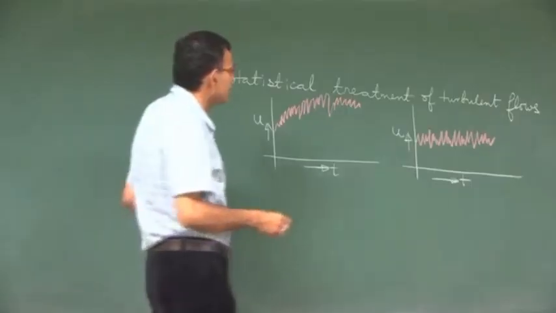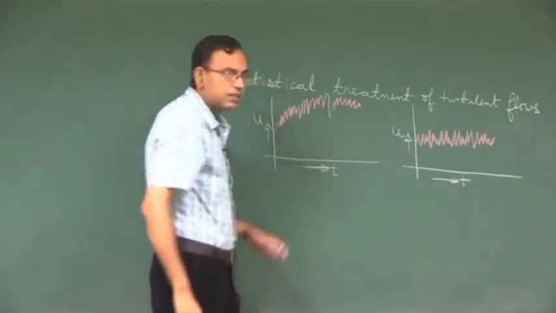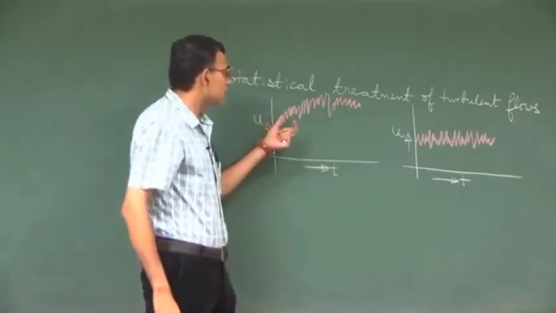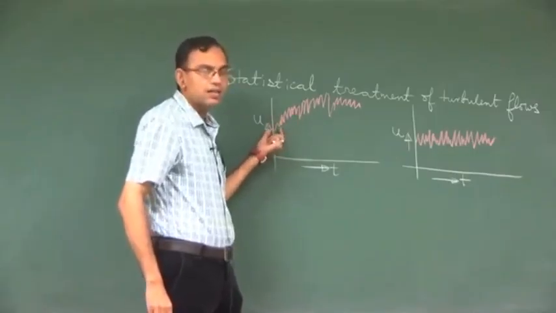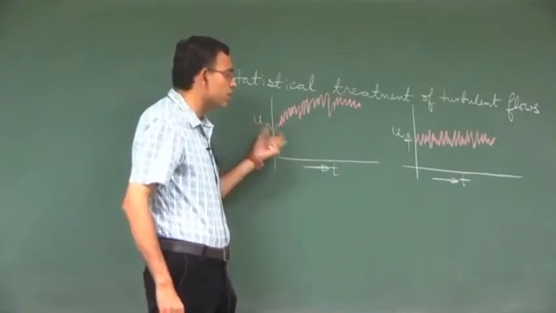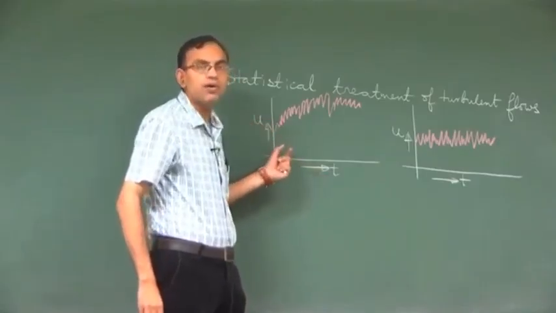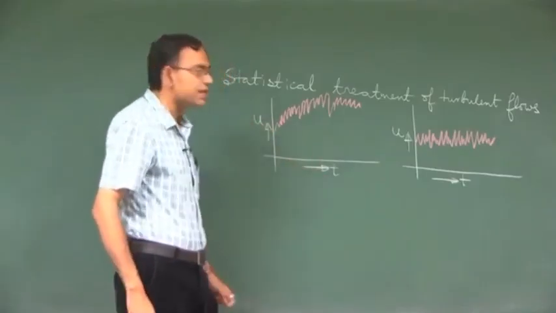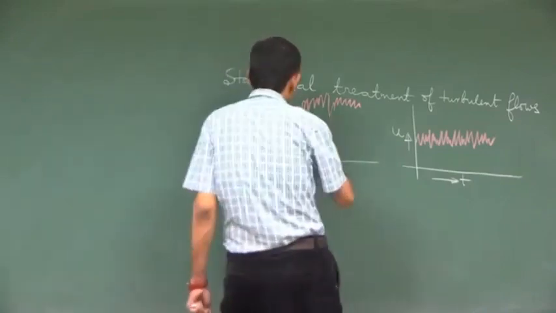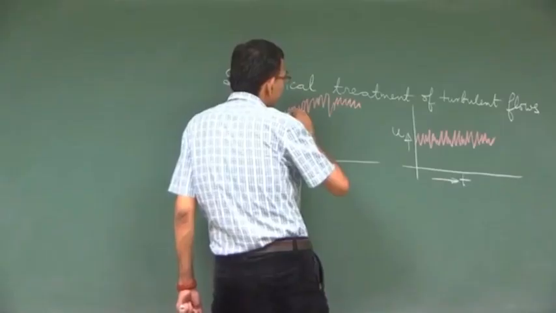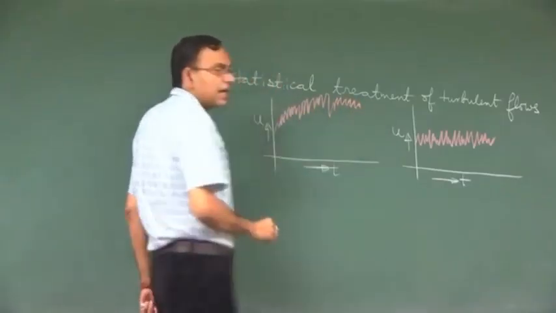These representations are very difficult to capture vividly through a model, because you see that there are such small oscillations of u over time. Similarly, if you draw a variation of u over space, similar things can be inferred. So, now what you can do is make a statistical average of this.